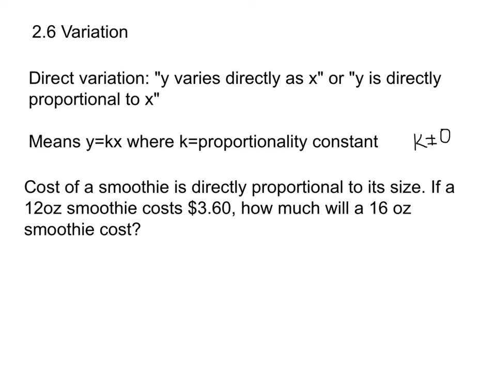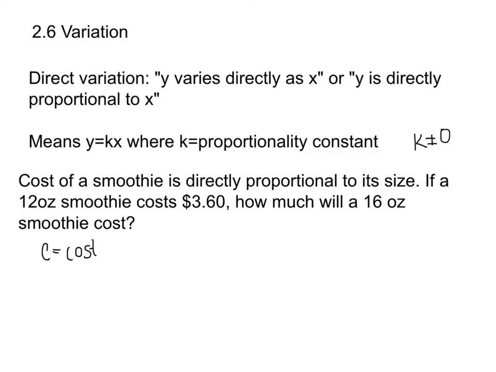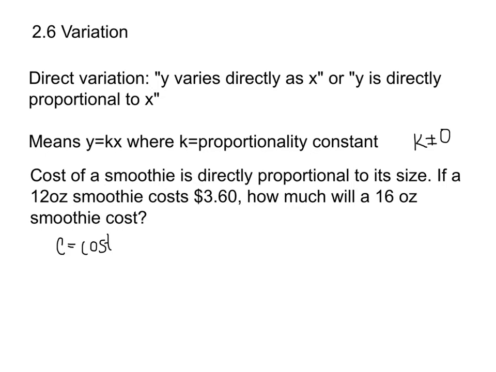So, in order to do this, we're going to set up a variation equation. And whenever I set up the variation equation, I like to define my variables. So we'll say C is equal to the cost of a smoothie. S can represent the size of the smoothie. And then K can be our constant of proportionality, or variation.